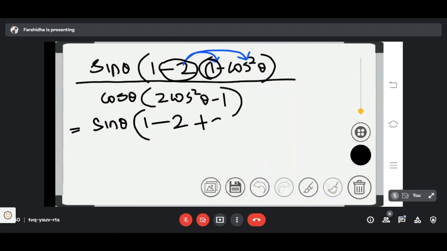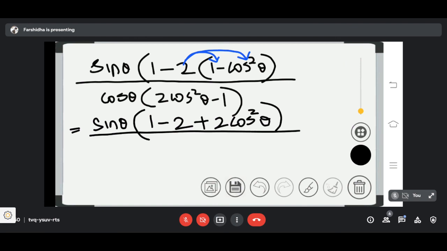So it will be positive 2 cos square theta. I'll explain once more. See, I'm giving this 2 to both 1 and minus cos square theta. So it will be 1 minus 2 into 1. Negative into positive, negative. So it will be minus 2. Then minus 2 into minus cos square theta. Negative into negative, positive. So the sign will be positive. 2 into cos square theta, 2 cos square theta. So distributed, divided by cos theta into, write the same thing, 2 cos square theta minus 1.